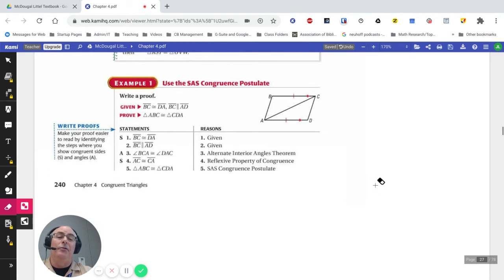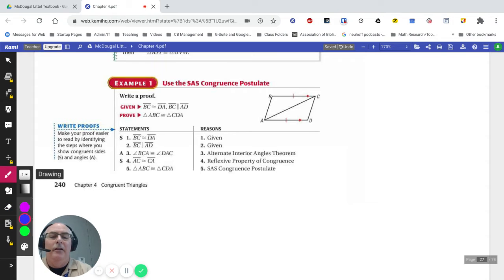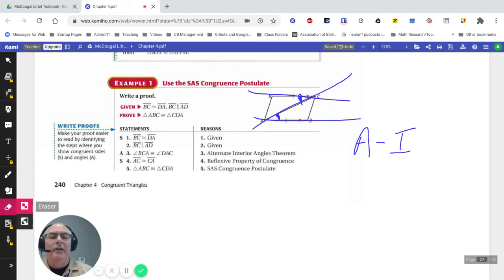So here's an example, going back to something we've learned earlier. I have two parallel lines and a transversal. So I know that this angle and that angle, those are going to be equal because they are alternate interior angles.